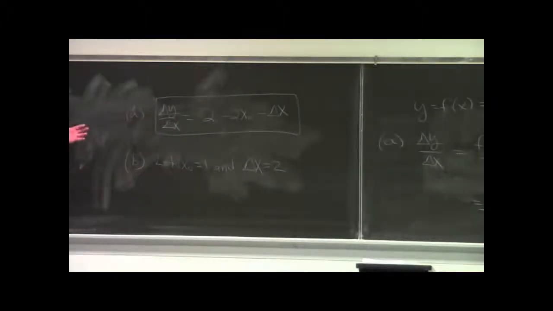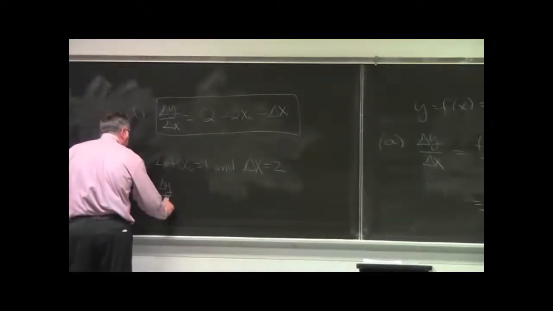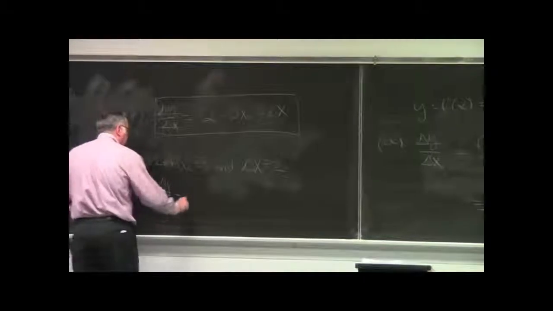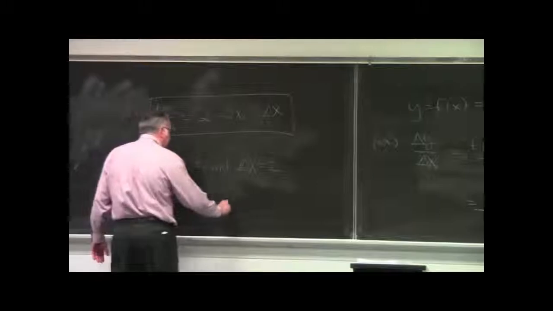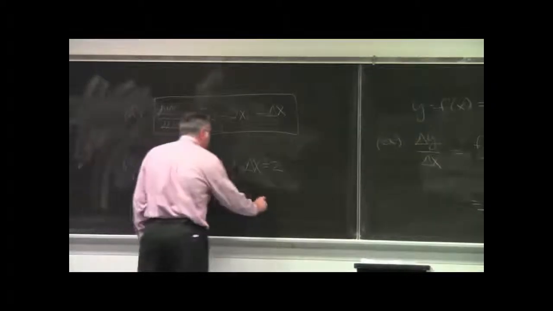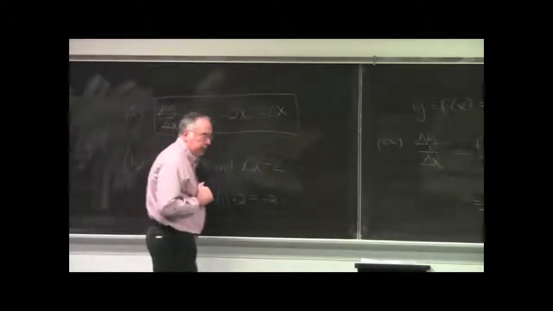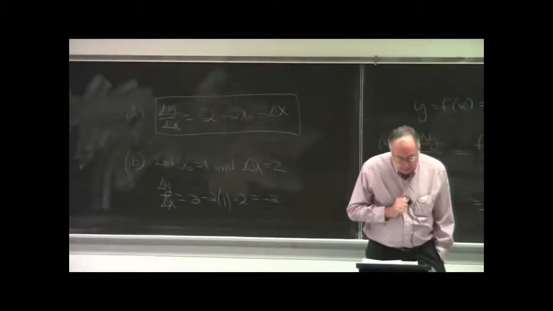If we just plug into this formula for the difference quotient, what we get is delta y over delta x, in that case, is equal to 2 minus 2 times 1 minus 2. So this would be equal to minus 2. Okay, that would be the value of the difference quotient.